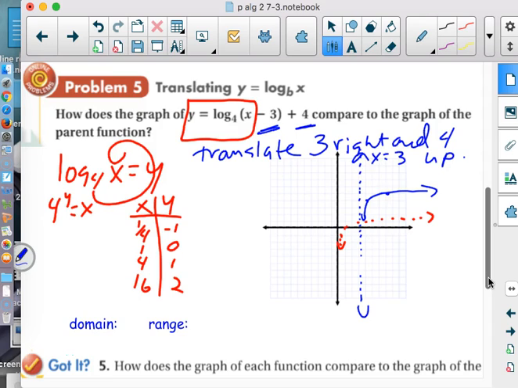There it is. I think our domain has changed because we've got a new location for our asymptote. What should our domain be now? Good, Caitlin's got it. X is greater than 3.